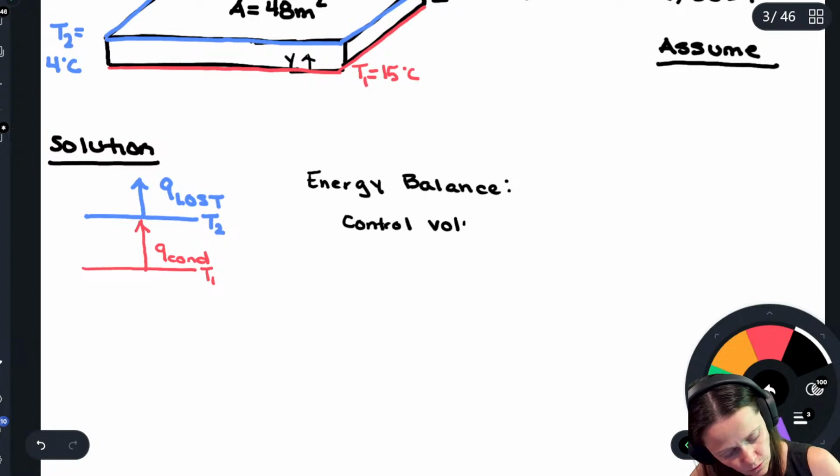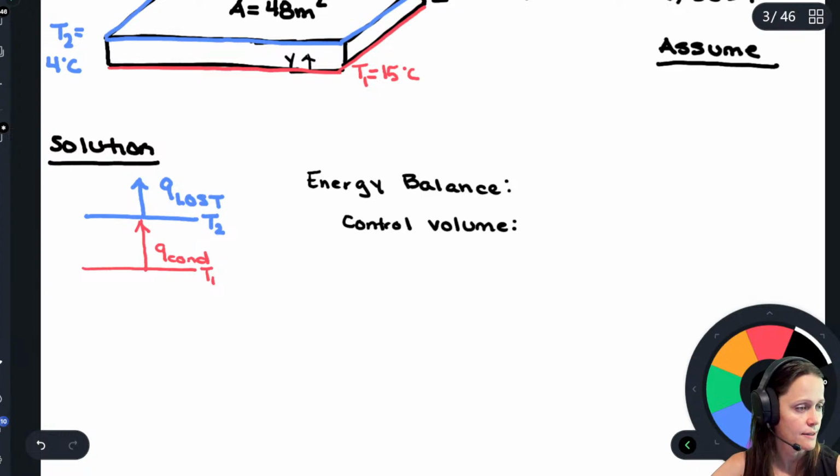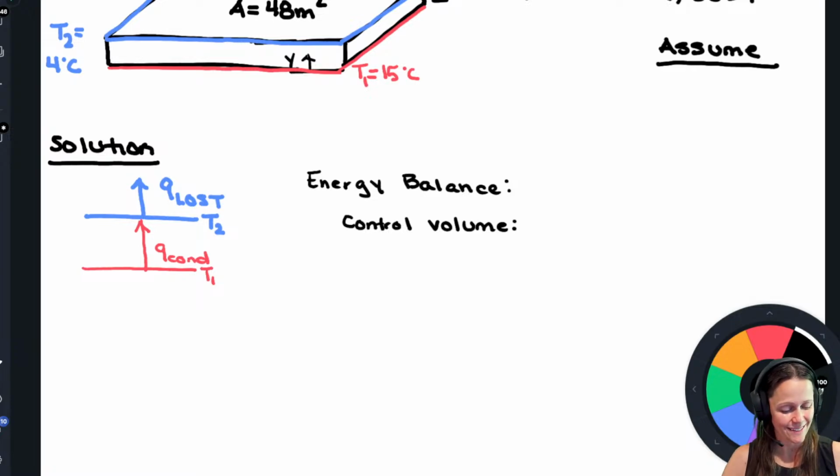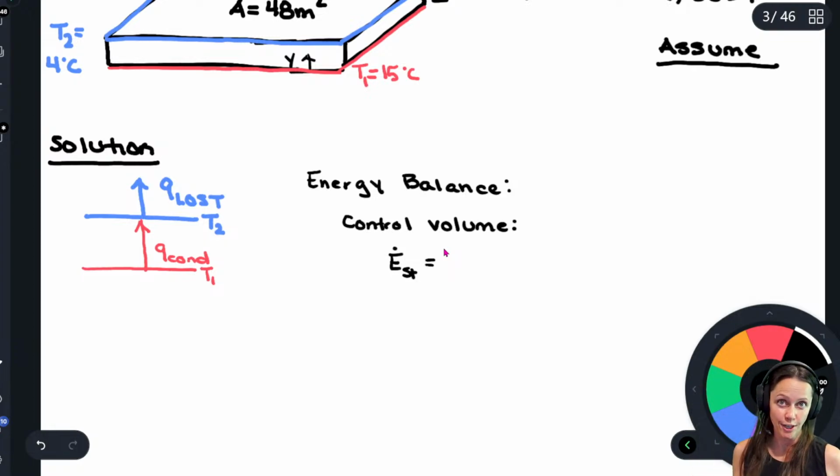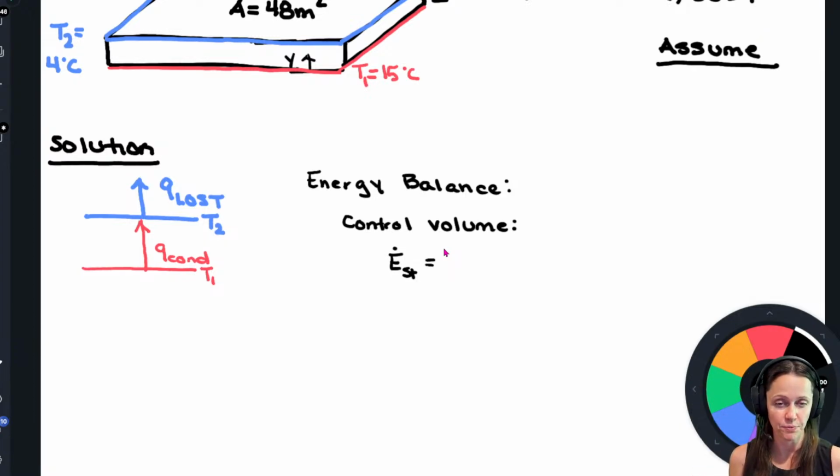So for a control volume, we did it on a control volume. So energy balance, this is just our first law of thermodynamics, right? But we might write, we could write E dot ST. So this is the rate of energy stored within a medium. This would be analogous when you're thinking about your first law of thermodynamics, the dE dt term. The one that you probably crossed out most of the time because your problems were occurring at steady state.